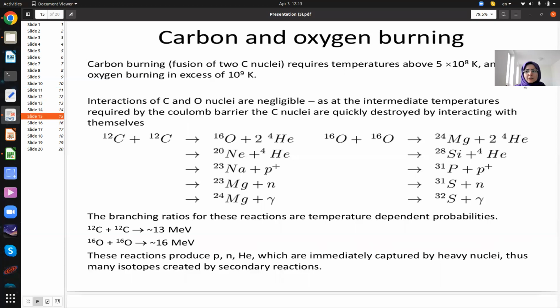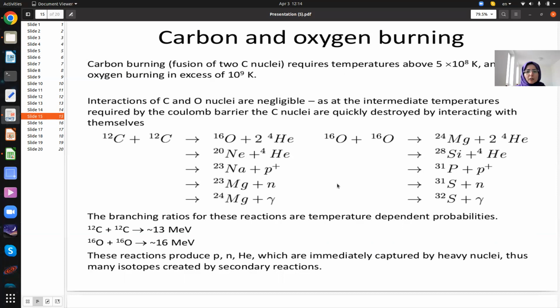Carbon and oxygen burning. Carbon burning, the fusion of two carbon nuclei, requires temperatures above 0.5 × 10^8 Kelvin, and oxygen burning in excess of 10^9 Kelvin.